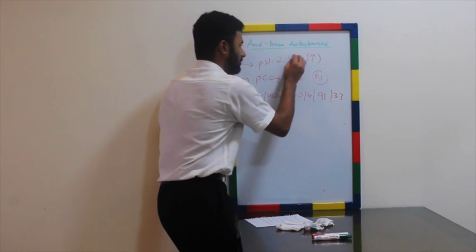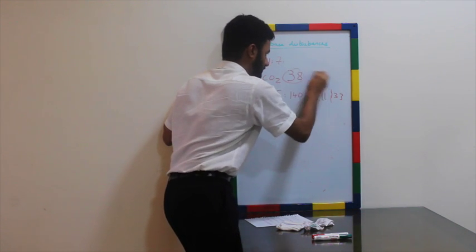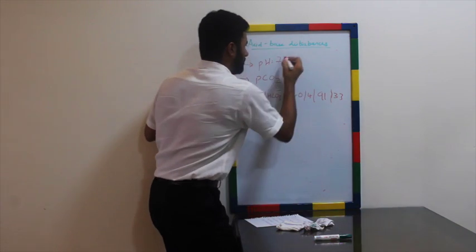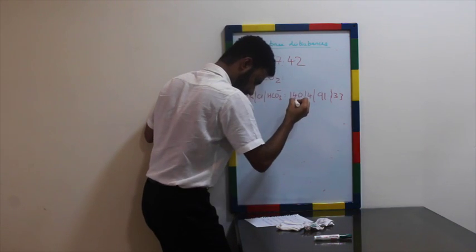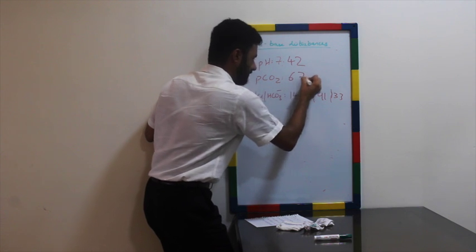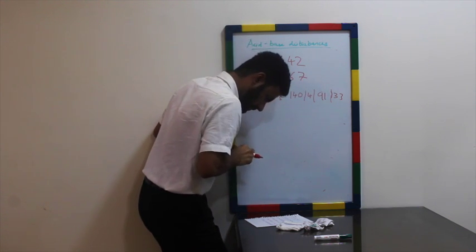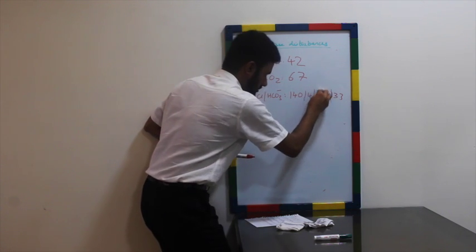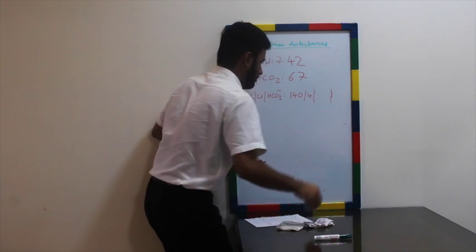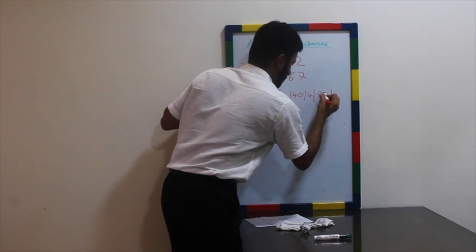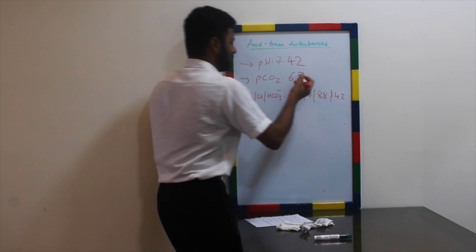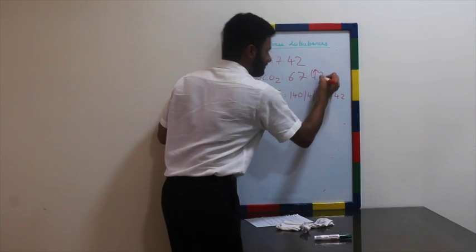So another example where the pH is 7.42, PCO2 is 67. So here you have a normal pH and an increased PCO2.